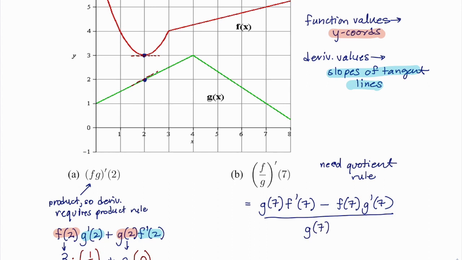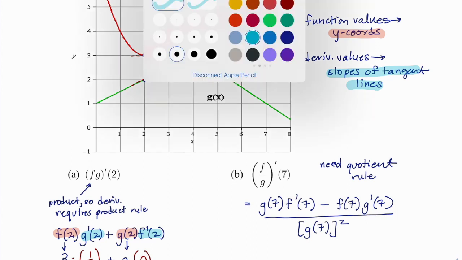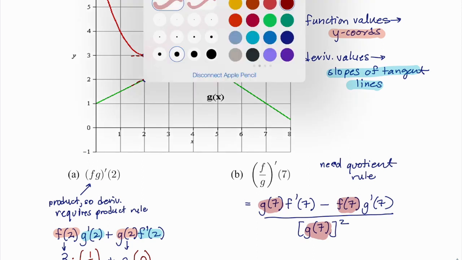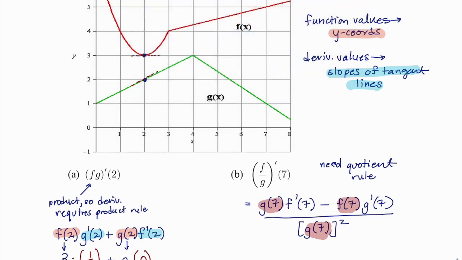Not the derivative, just the function value squared. So again, some of these are going to be y-coordinates. This will be a y-coordinate, and this will be a y-coordinate, and that will be a y-coordinate. And some will be slopes of tangent lines, anywhere we need a derivative value.